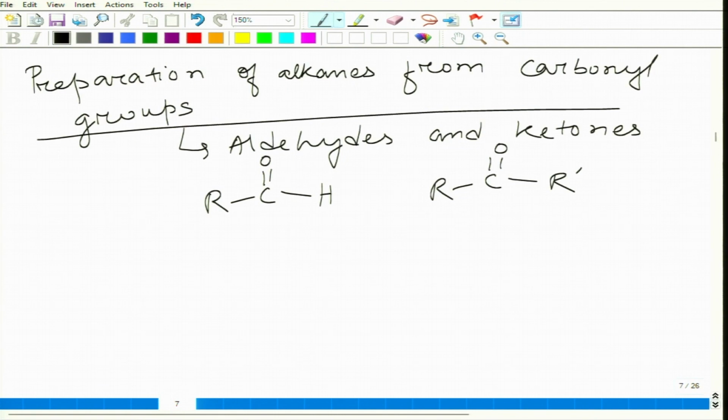In aldehydes, this is the carbonyl carbon. It is bonded to one carbon of an alkyl group, double bonded to oxygen, and bonded to a hydrogen atom. But for ketones, it is bonded on two sides to two different or same alkyl groups, and double bonded to O. So, the first one is Clemmensen's reduction.